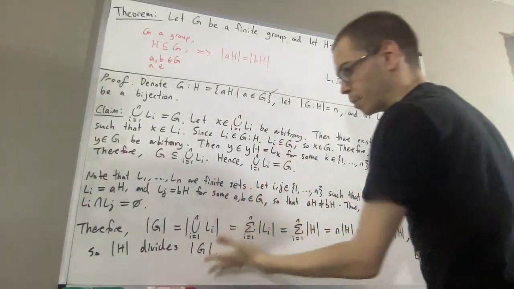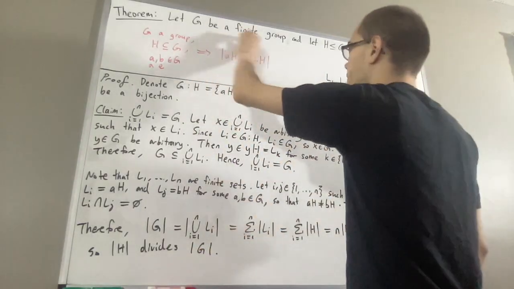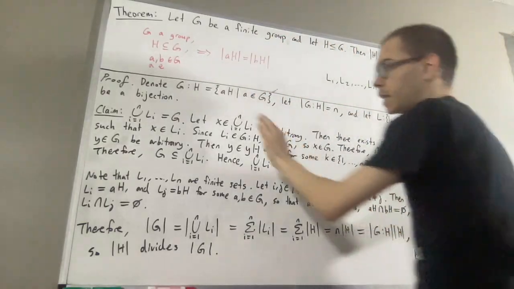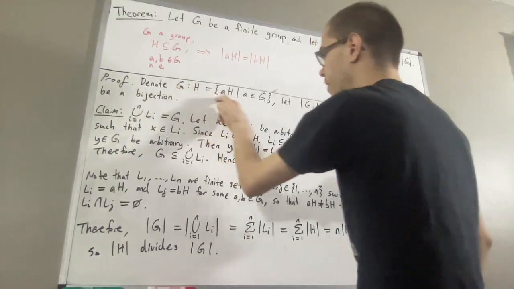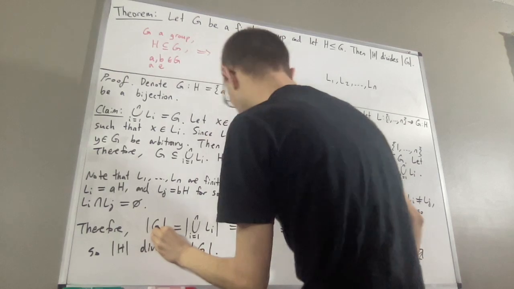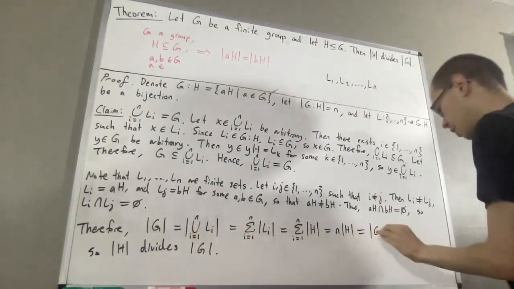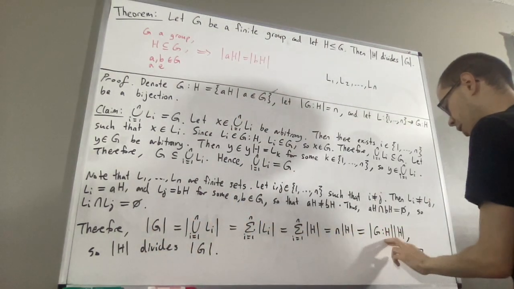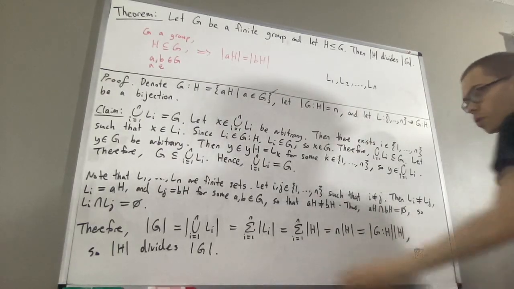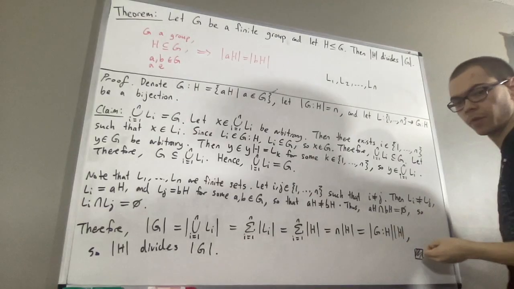What we've more specifically proven here is, given G is a finite group, given H is a subgroup of G, if we define G colon H to be this set, then it will follow that the order of G is equal to the number of elements in G colon H times the order of H. Right, so this equality will be true.